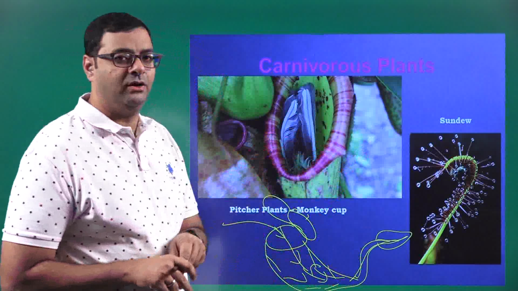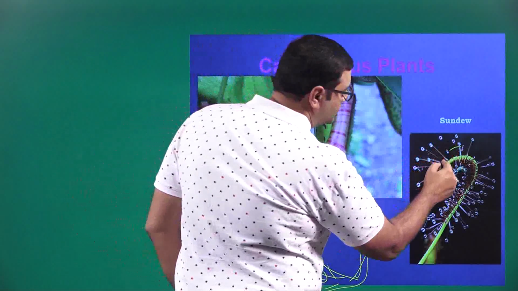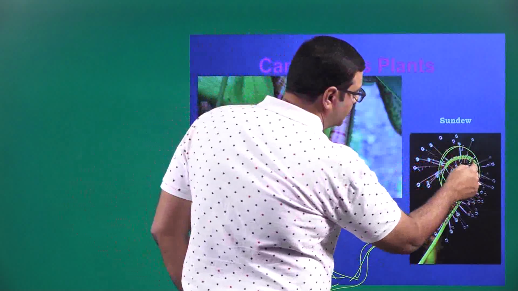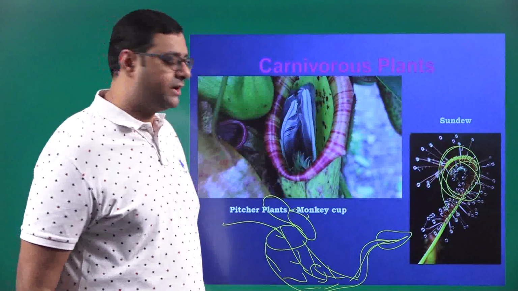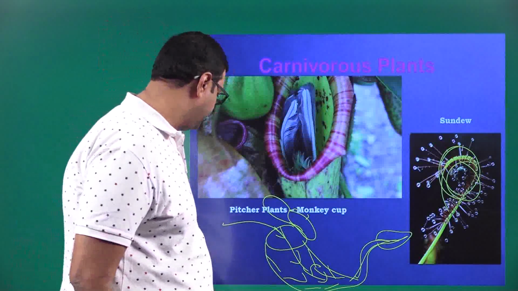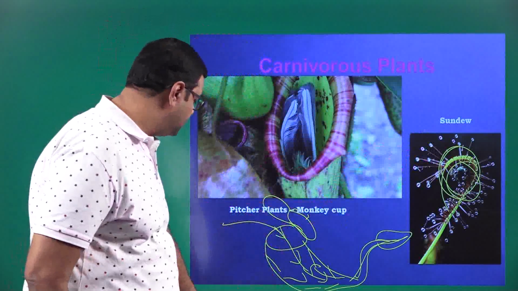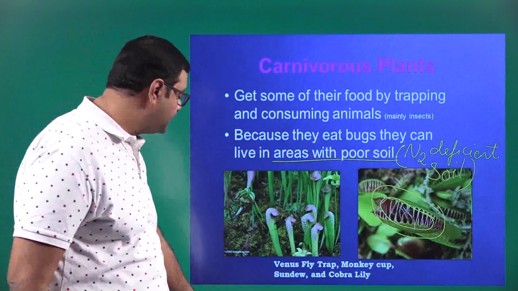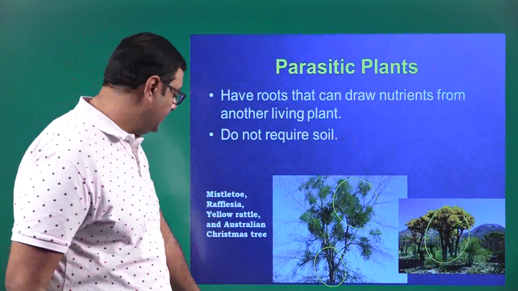Similarly, the sundew plant is also very attractive. Once the insect falls on it, it is stuck here. The plant folds like this, the insect is stuck, and the plant gets the source of nitrogen. So these are some of the adaptations that plants have made in order to sustain themselves in the existing environmental conditions.